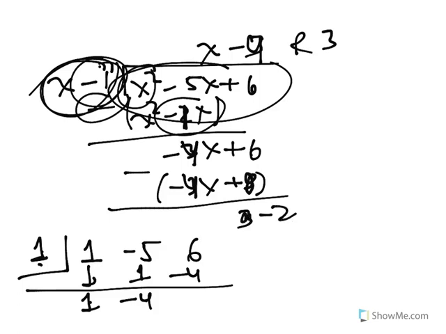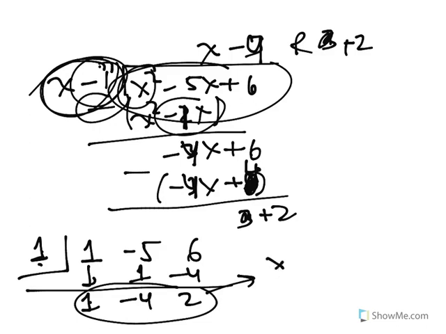Okay, still does not have remainder 0. This thing was supposed to be a plus 4, and 6 minus 4 is plus 2. See these three numbers here? That means the answer is x minus 4 is the quotient, remainder 2.